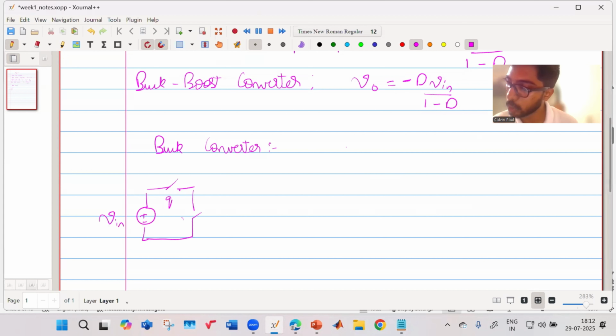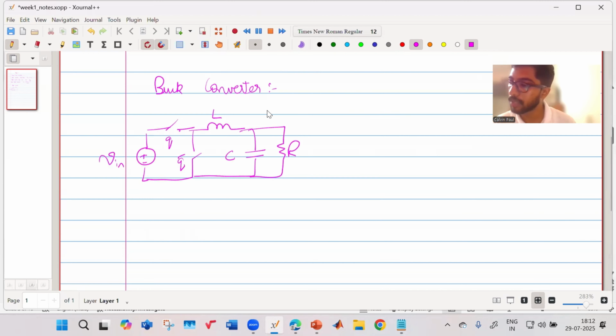So this is your gate signal Q. Q bar is the complementary one, followed by your inductor, capacitor, and this is your load, R. Okay. So this is your buck converter. So this is the current IL. This is the voltage V output. So we are considering an ideal buck converter. We are not considering the resistors in the switches or the resistor in the inductor or the ESR of the capacitor. We are just considering an ideal buck converter.